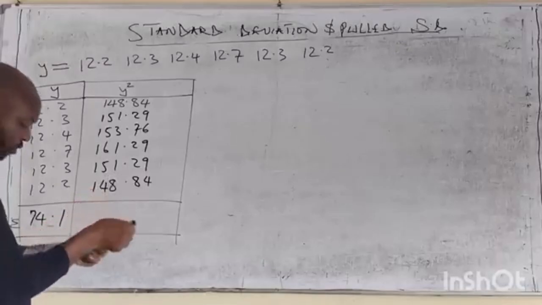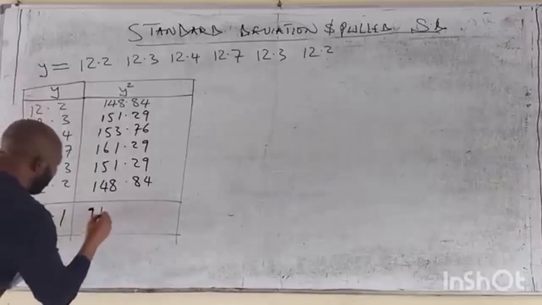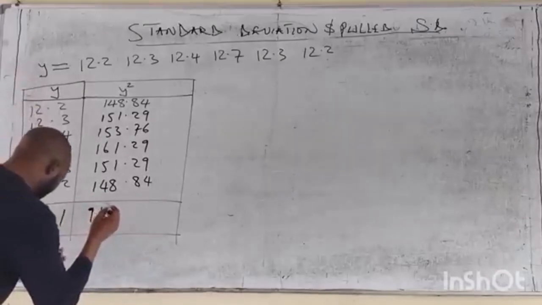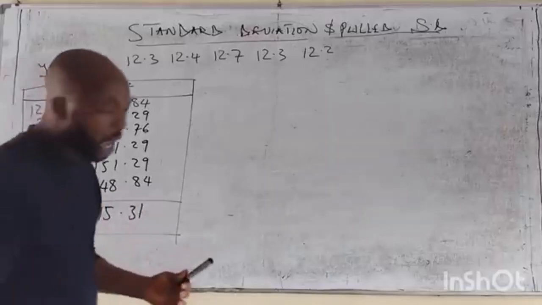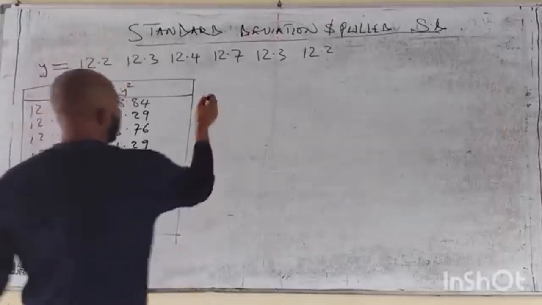This is 915.31. Okay, our standard deviation now takes this form.